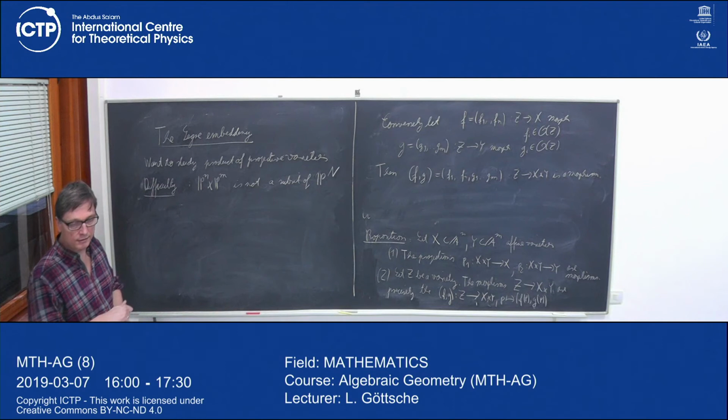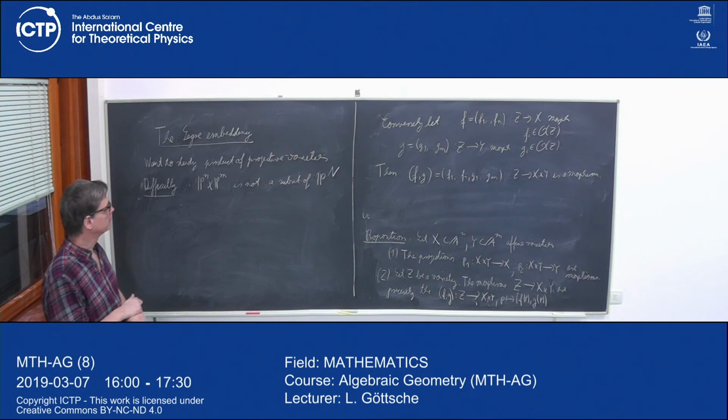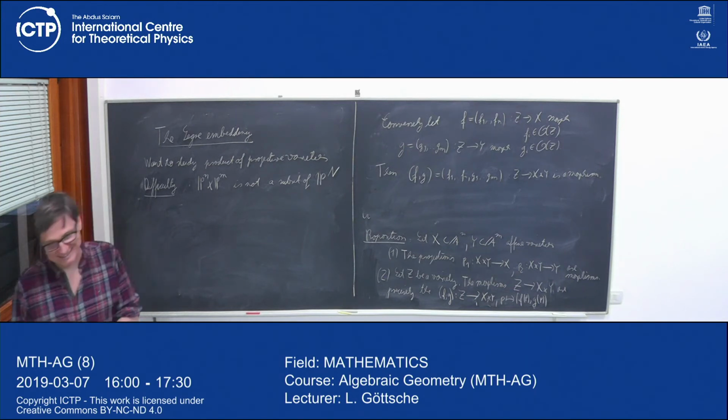Because Pn is just k^(n+1) with some identification, and the same for Pm. What if we take k^(n+m+2) and define a new relation separately? No, it won't work.